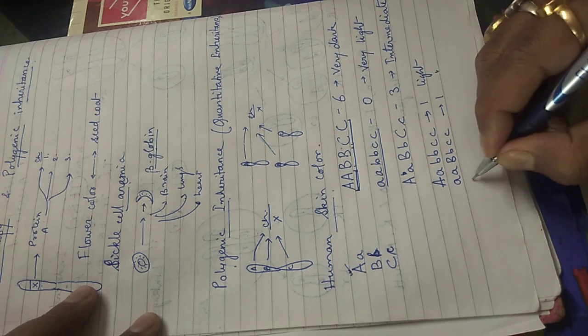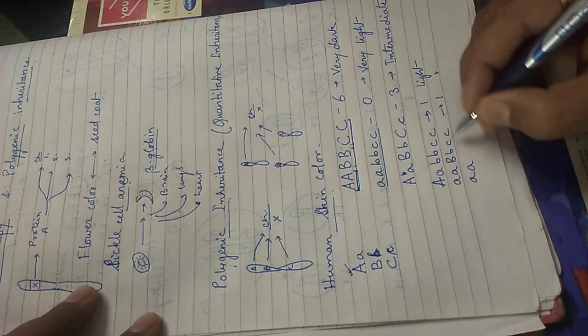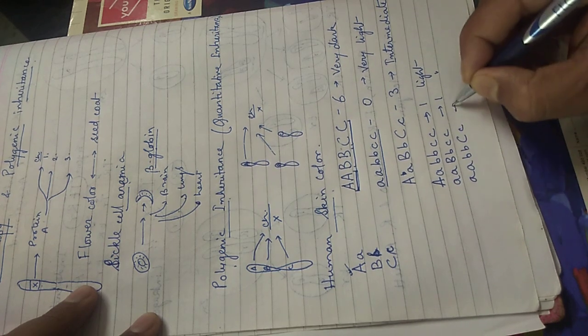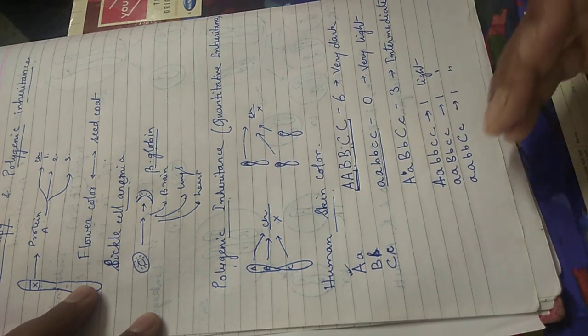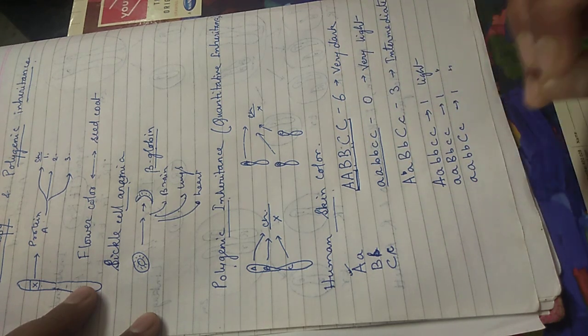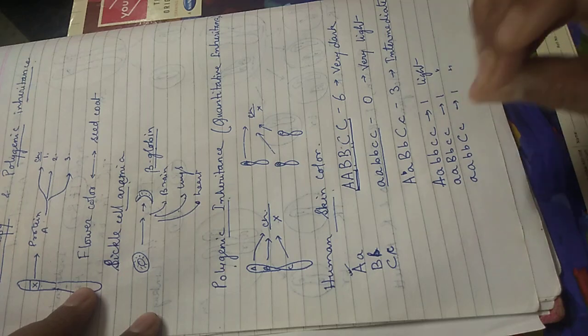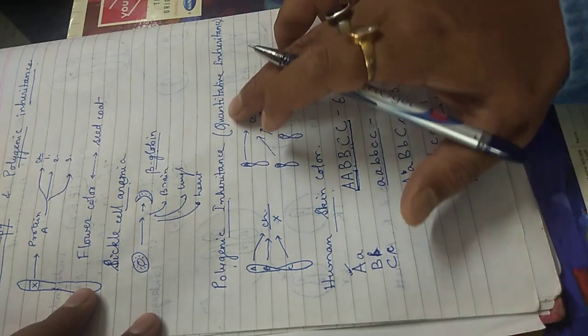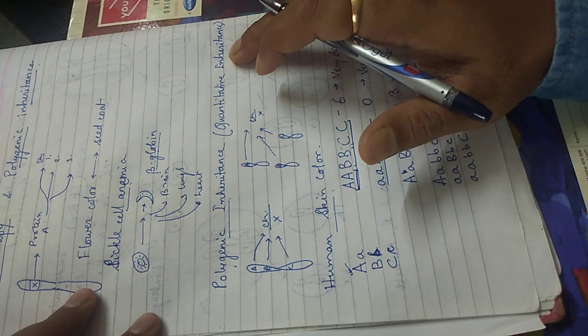Here it will also give rise to the same, or it can be the C gene. So the overall expression of the skin color depends on how many dominant factors are present from the 3 genes. Therefore it is called quantitative inheritance.